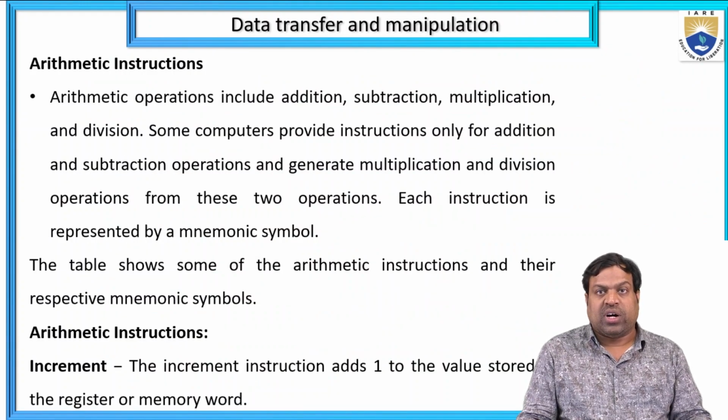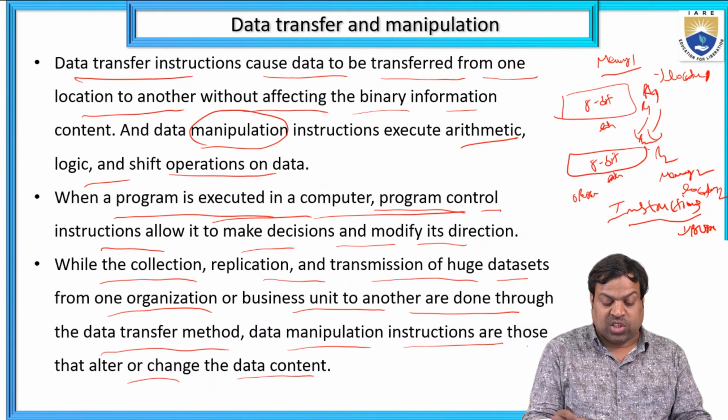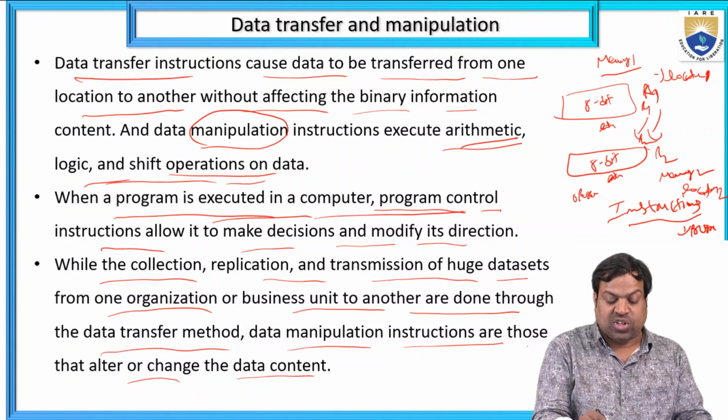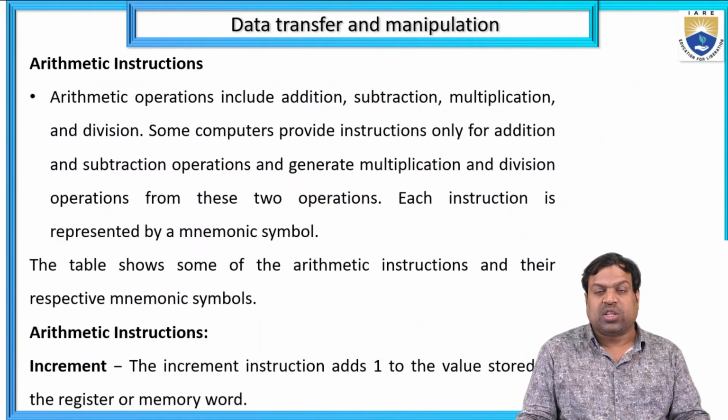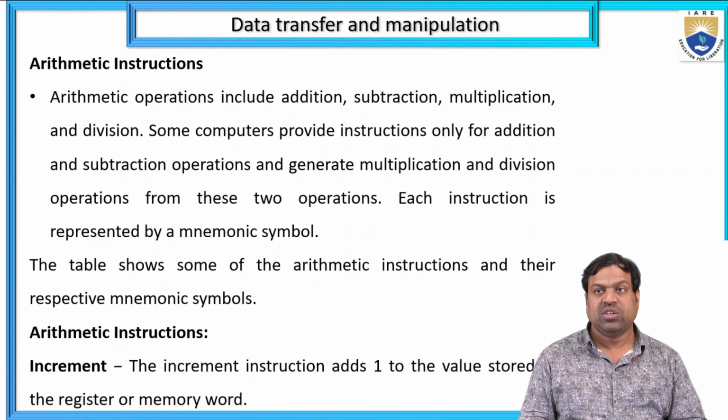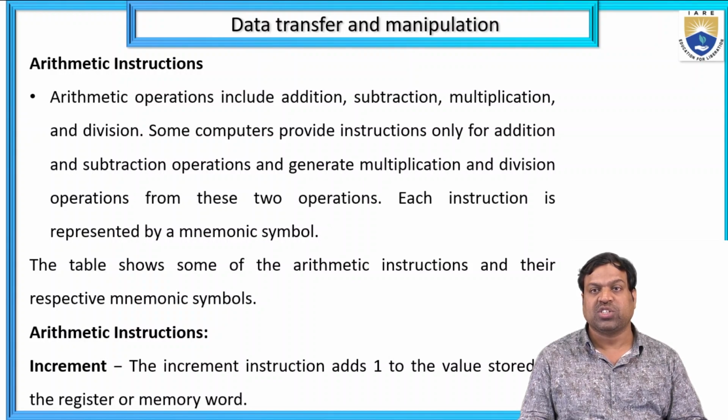So arithmetic and logic operations are used for data manipulation. Arithmetic operations include addition, subtraction, multiplication, and division. Some computers provide instructions only for addition and subtraction and generate multiplication and division operations from those two.